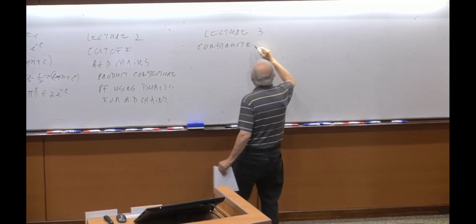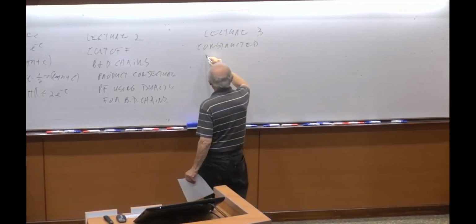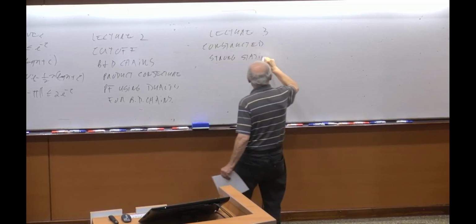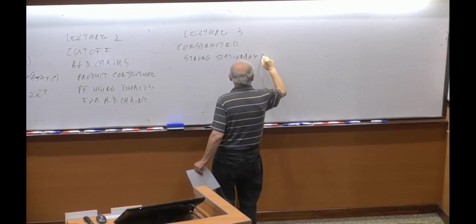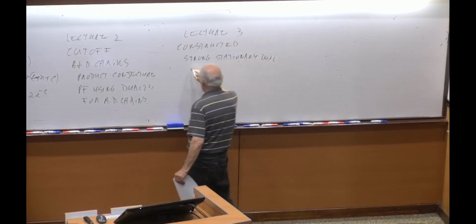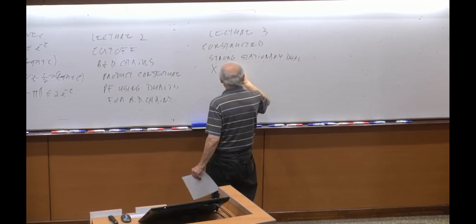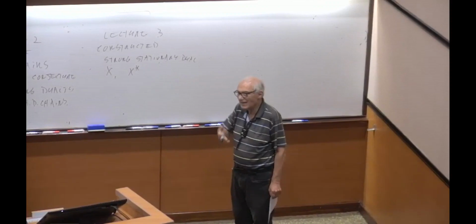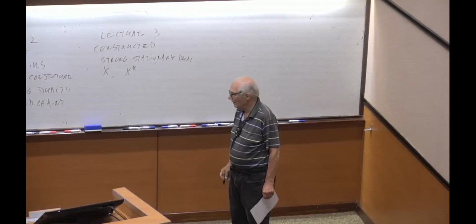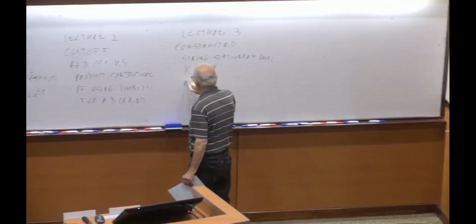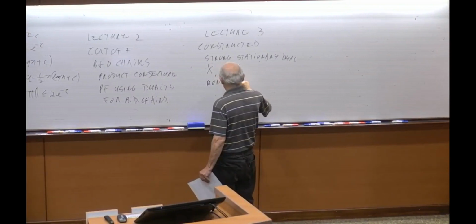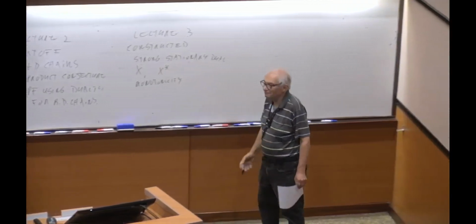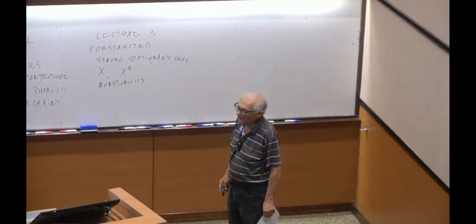In lecture 3, we defined and constructed strong stationary duals. If X is the process, we constructed an X star process in another space in various ways, set value duals, and we used monotonicity to make it neater and better.